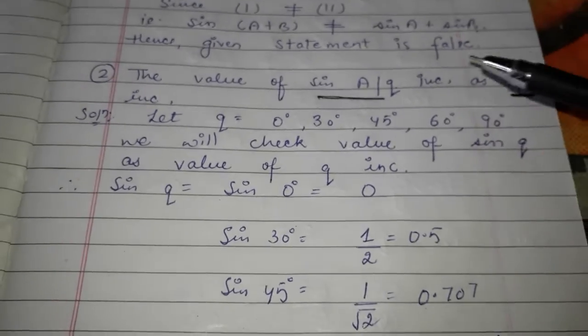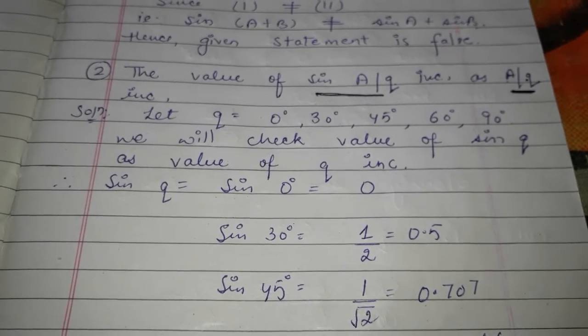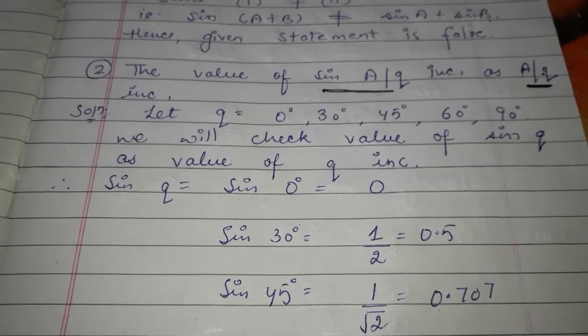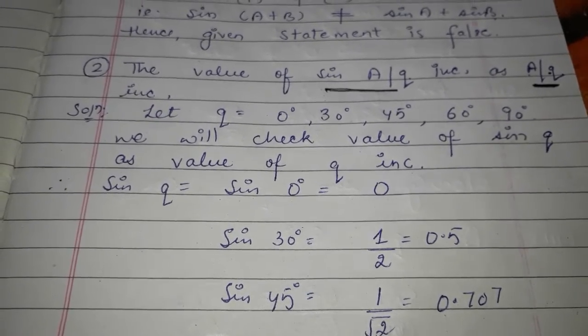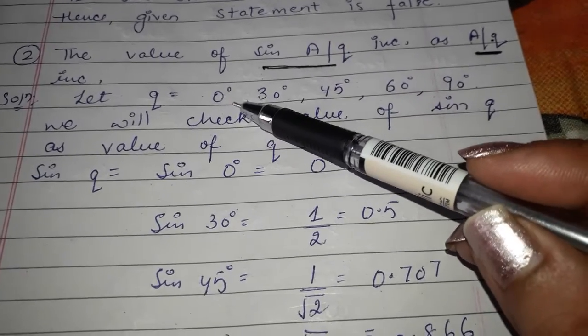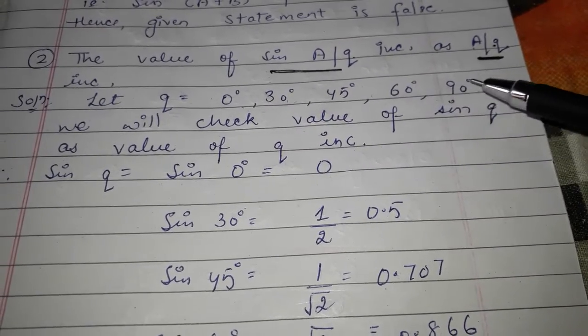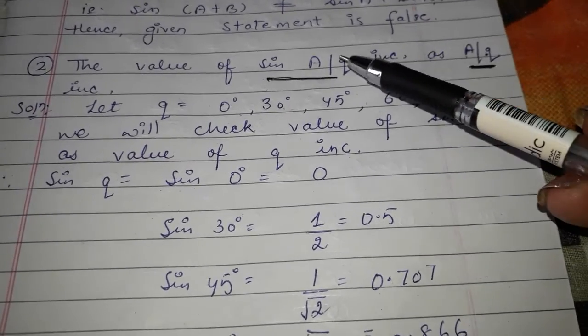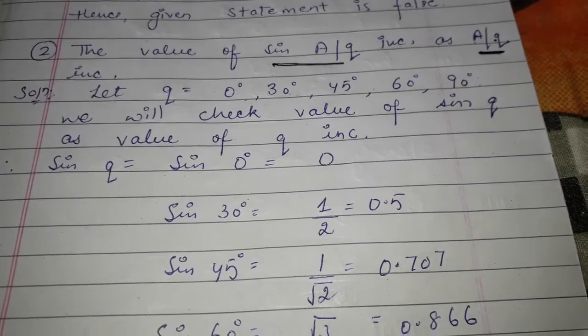We have to justify this. To check whether it is true or false, we let the value of Q be 0 degrees, 30 degrees, 45, 60 and 90. We will put the values of Q in sin Q and check the answer.